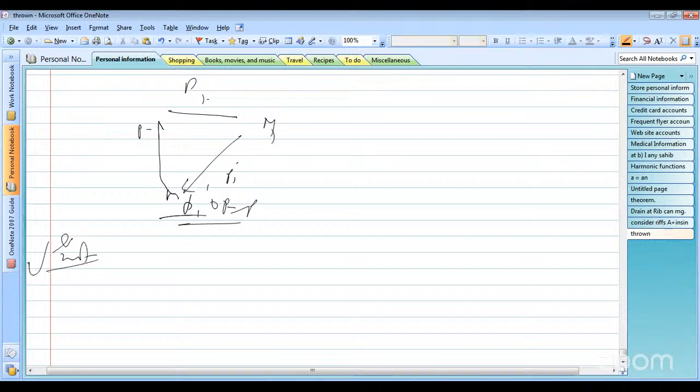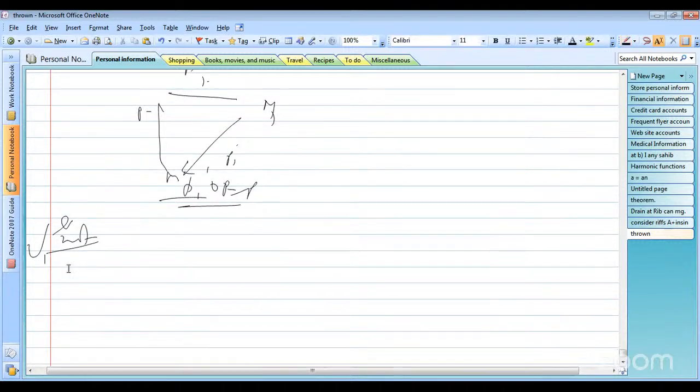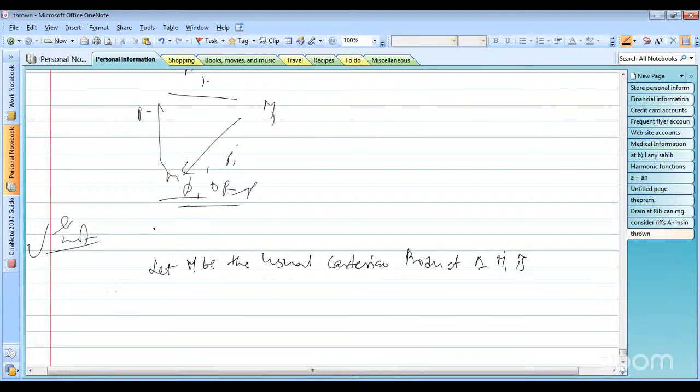Now we can do that. Let M be the usual Cartesian product, M is equal to the product of Mi, the union over i belongs to I meaning an i value is there.